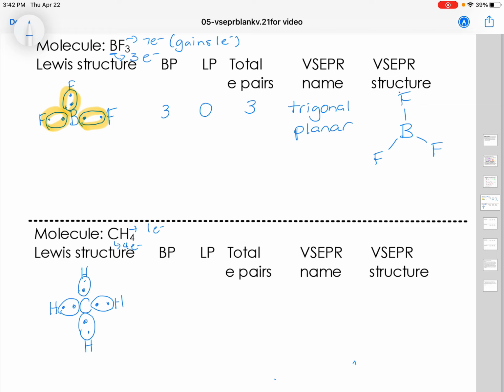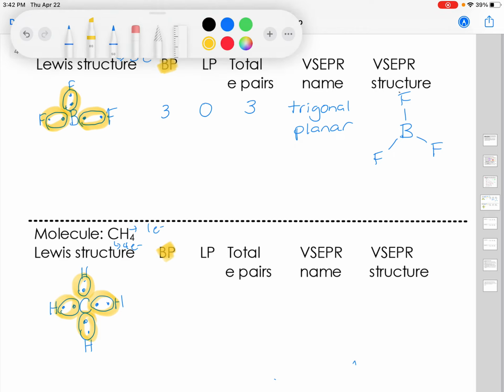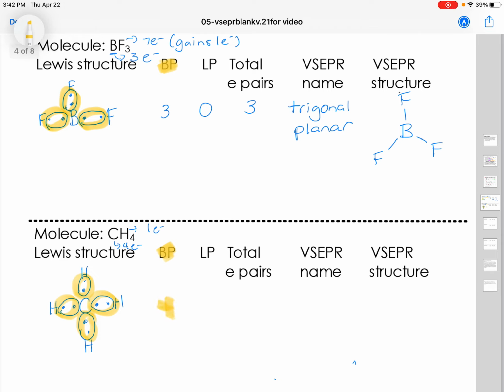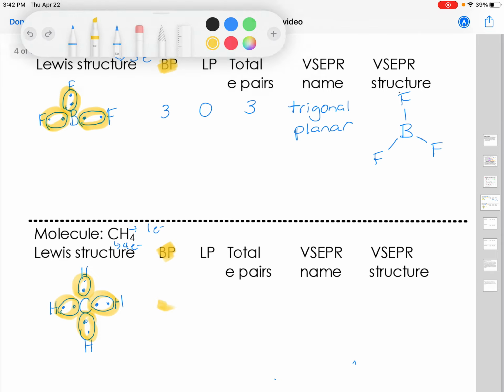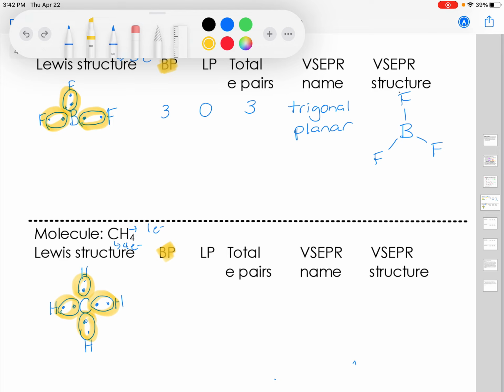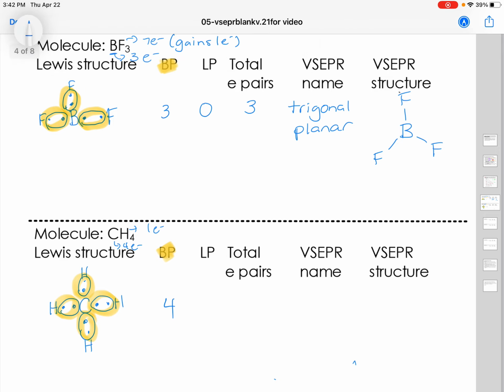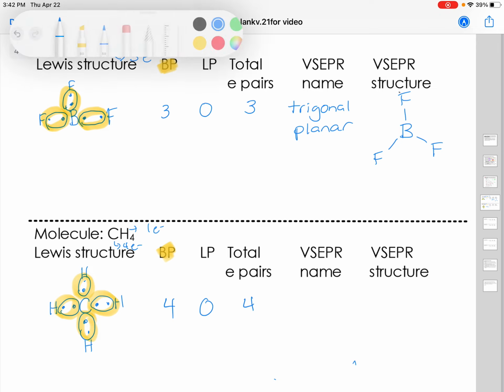So how many bond pairs are there? 1, 2, 3, 4. Actually, we'll highlight that. 4 bond pairs. Sorry, that is not what I wanted to do. And there are 0 lone pairs, so the total is 4. 4 plus 0 is 4.